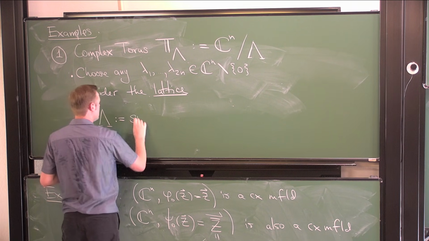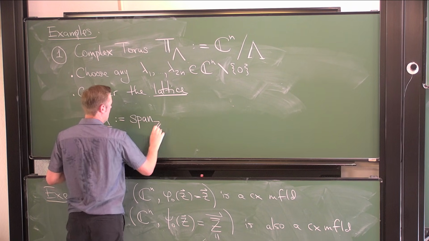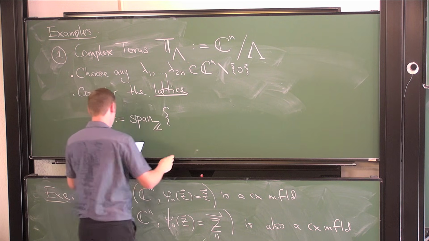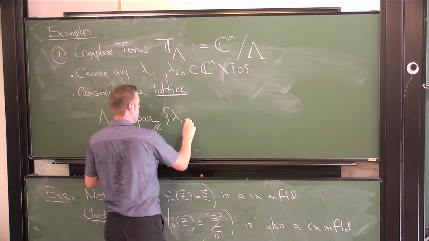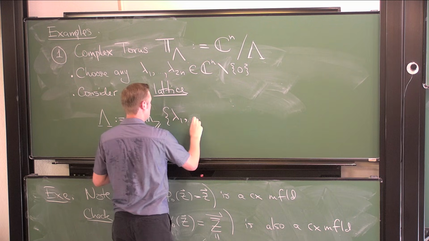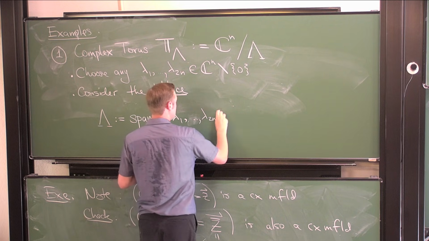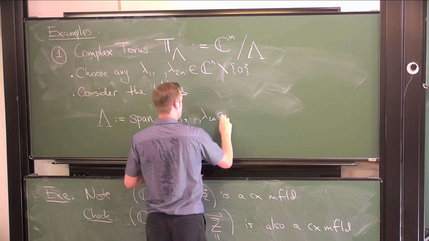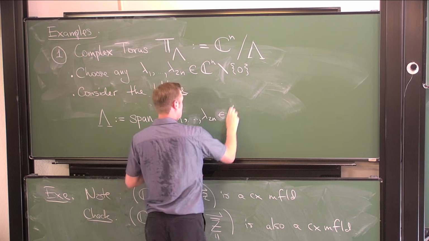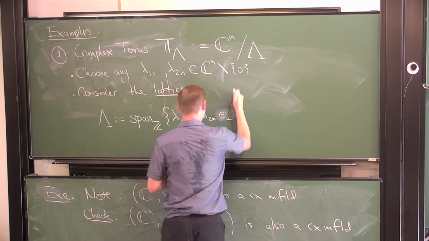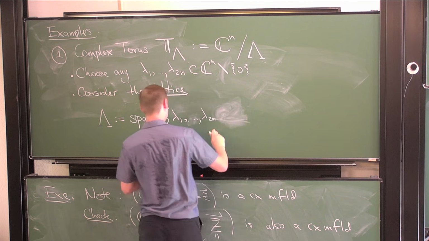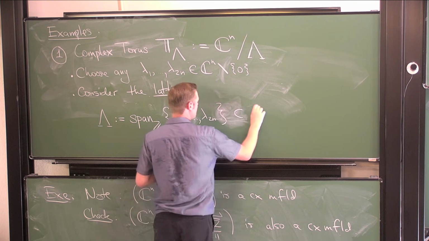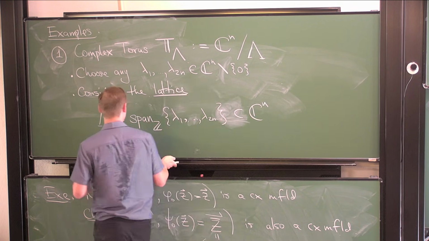So it's the span of all these lambdas, lambda 1 down to lambda 2n. This is a subset of C^n.